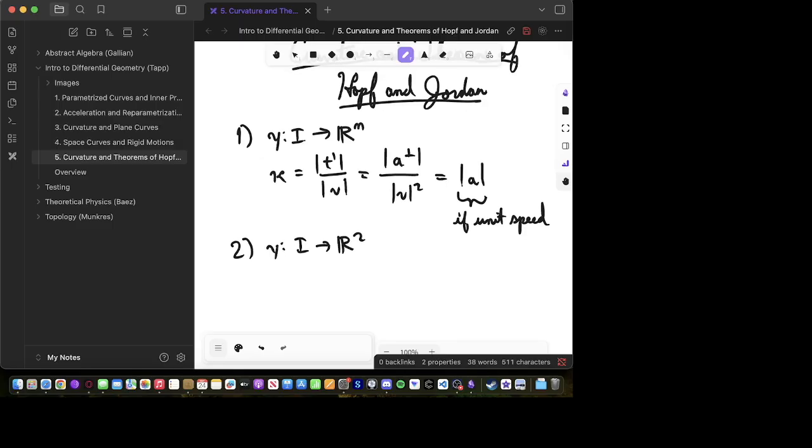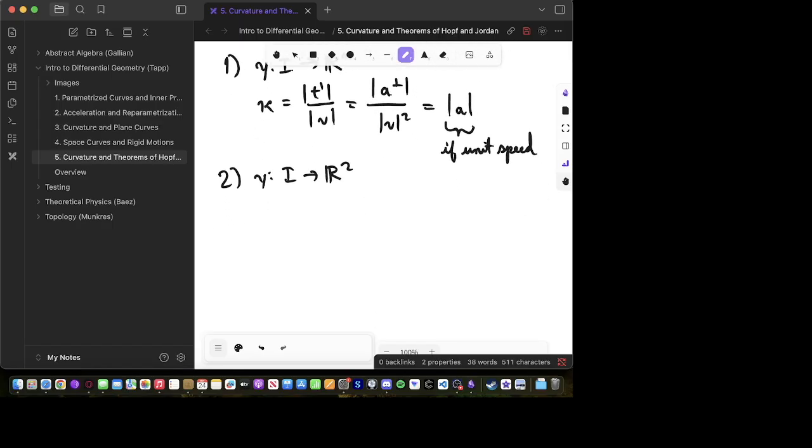So this is for just a plane curve, so we're working in R2. The signed curvature is the derivative of our angle function, and we can represent the signed curvature with this formula.